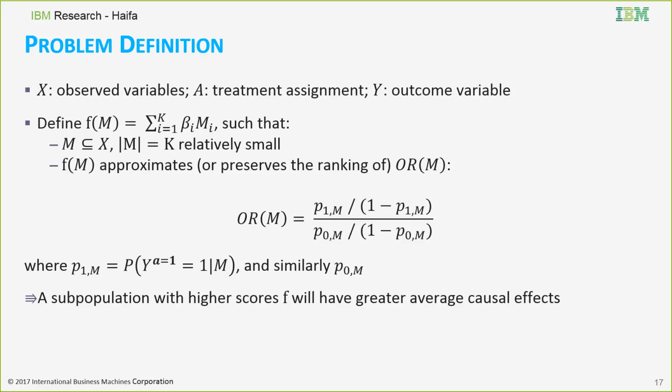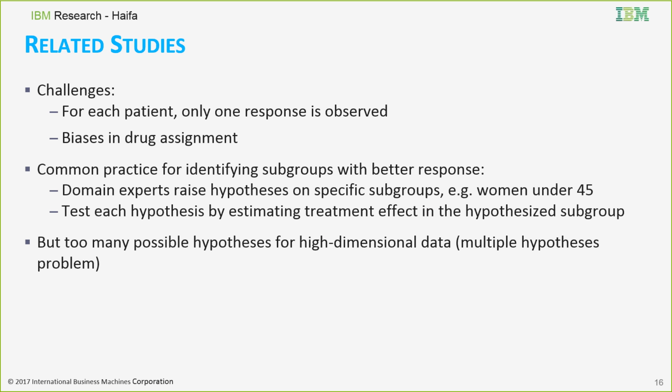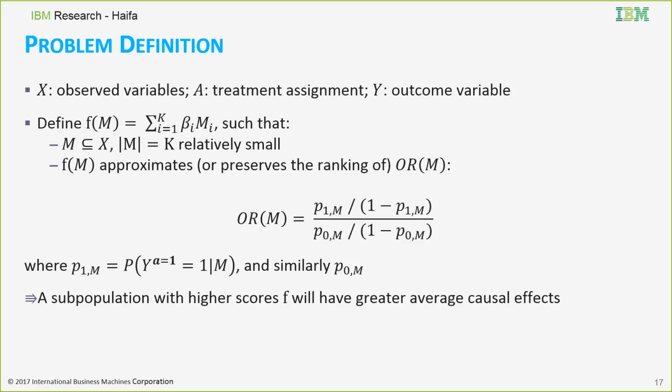Now more formally, we have a set of covariates. We have the treatment and the outcome, and we would like to come up with a function that, given a small set of covariates, here denoted by M, comes up with a linear function of the M that approximates the odds ratio of giving treatment A versus B, or 1 versus 0.